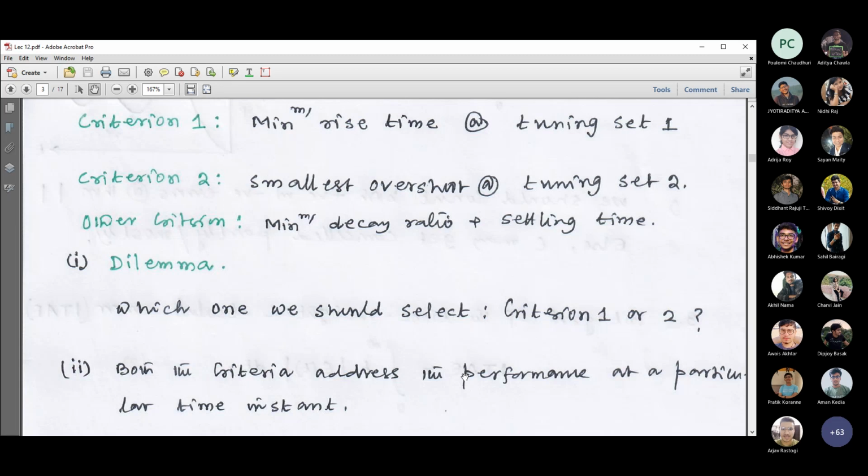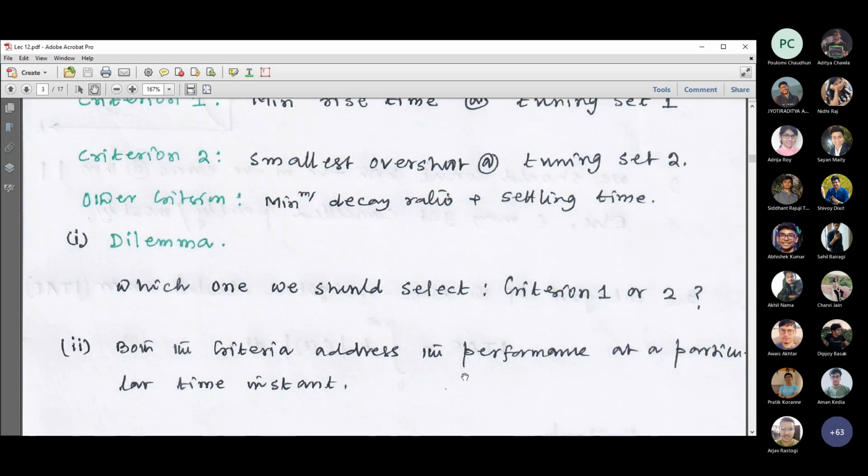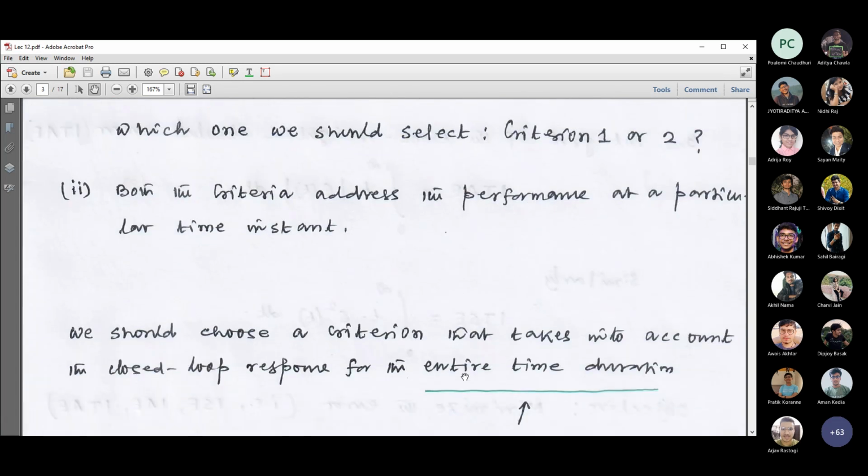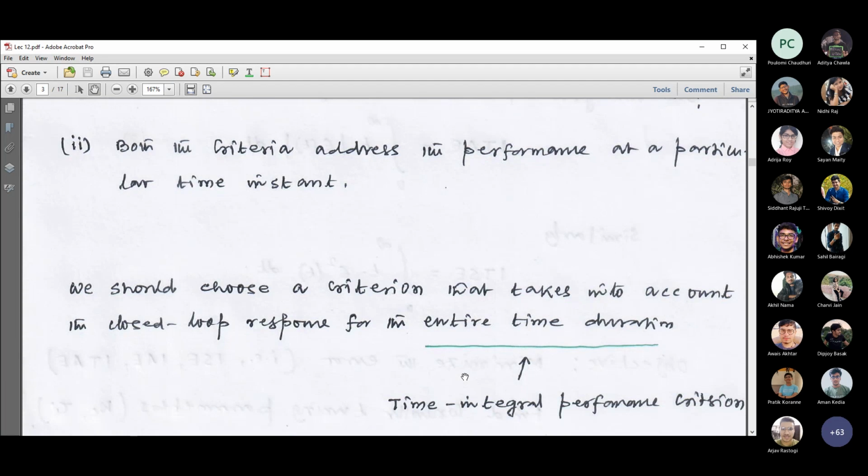So definitely we cannot expect a very good tuning set that can provide optimal closed loop performance. So I think you are understanding what I want to mean. We should choose a criteria that takes into account the closed loop response for the entire time duration. And that is taken care of by time integral performance criteria.